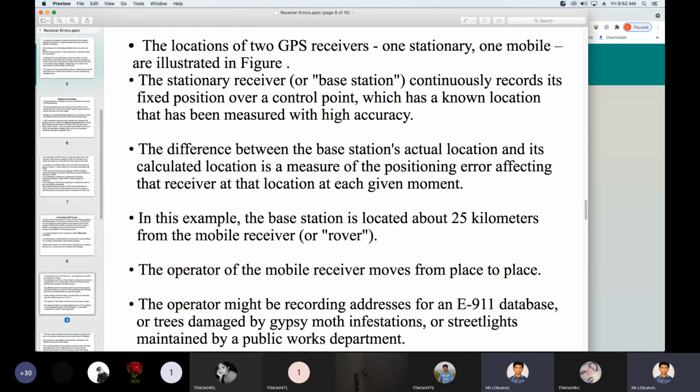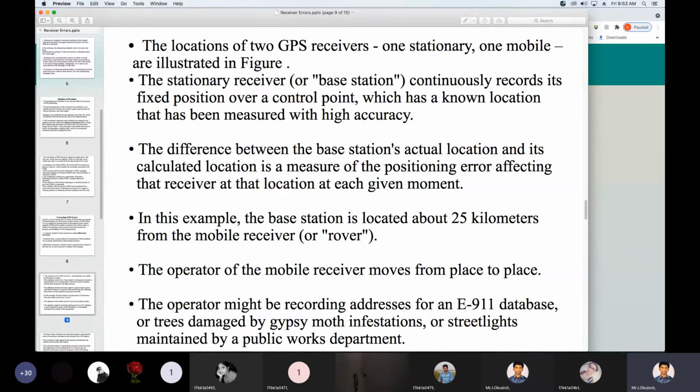The locations of two GPS receivers, one stationary, one mobile, are illustrated in this coming statement.